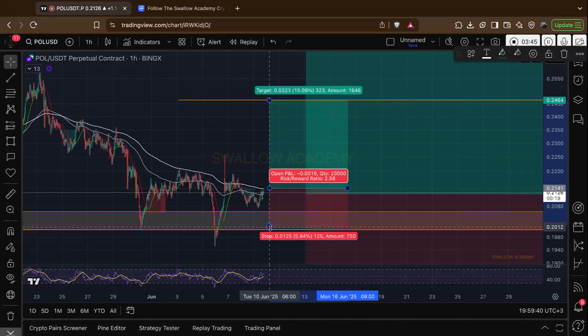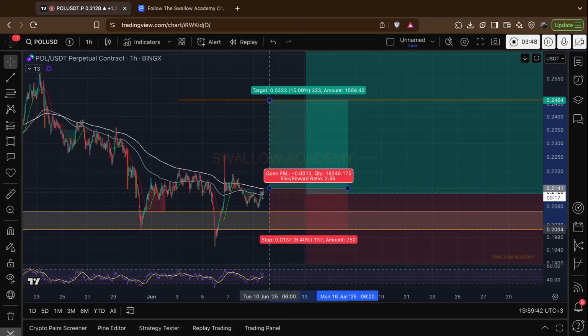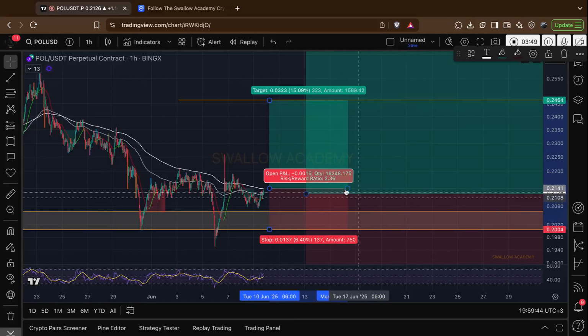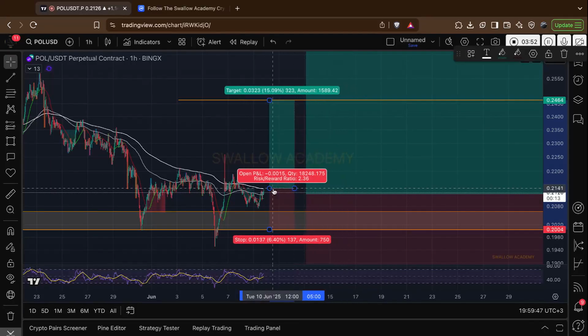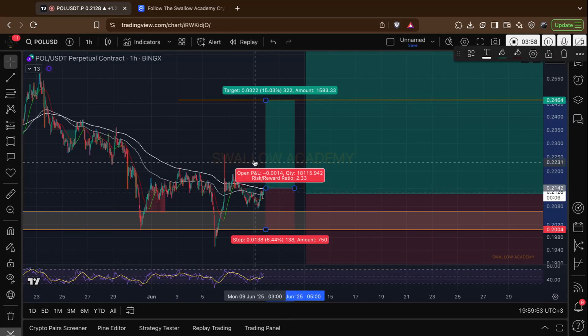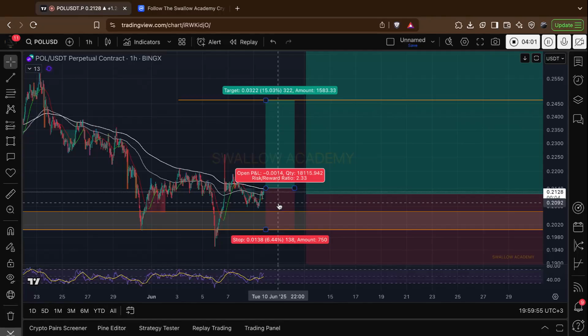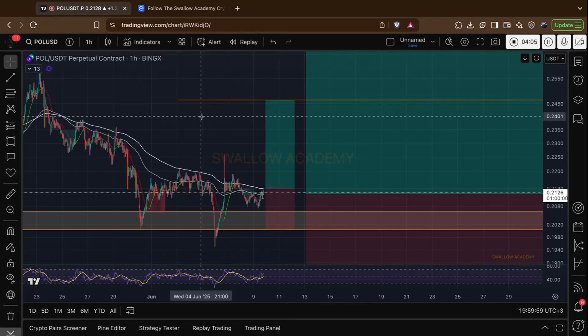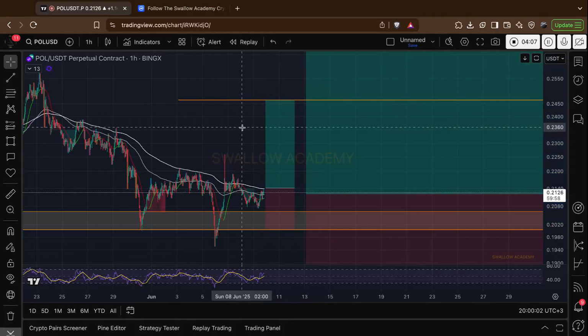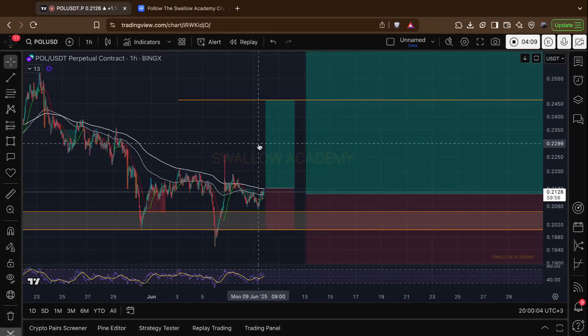So 15% of potential movement to catch, and stop loss would be closer to this area. In this case, risk reward ratio is still pretty good, because 1 to 5, basically 1 to 4.5 or something like this. Wait, not 1 to 5, 1 to 3 or 1 to 2.5. 1 to 5 is way too much because it wasn't the daily time frame.